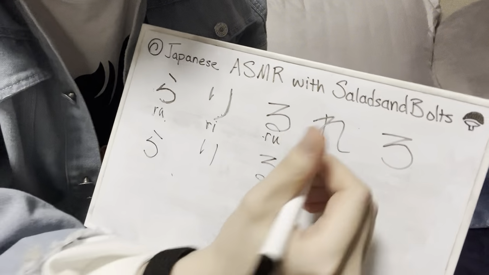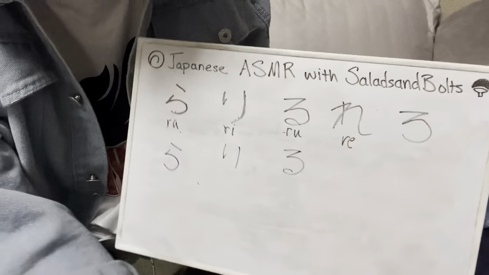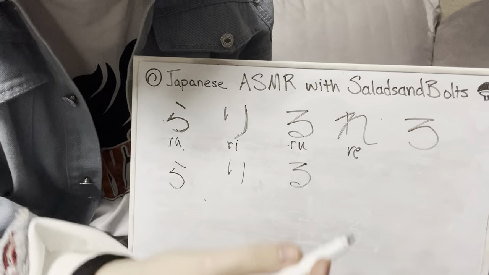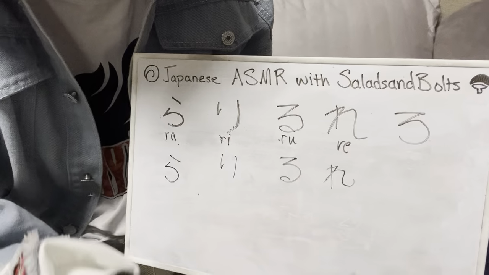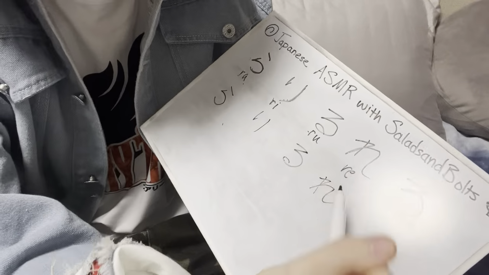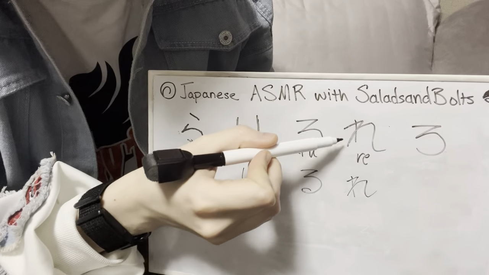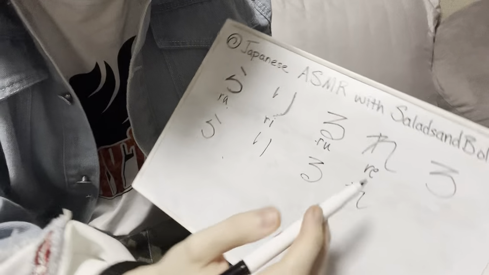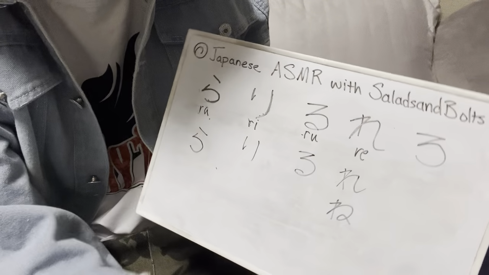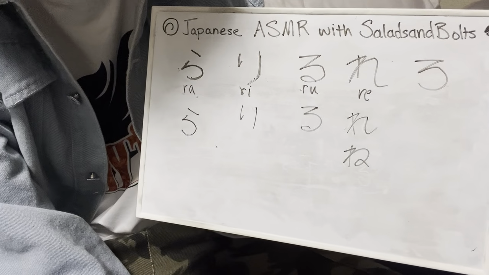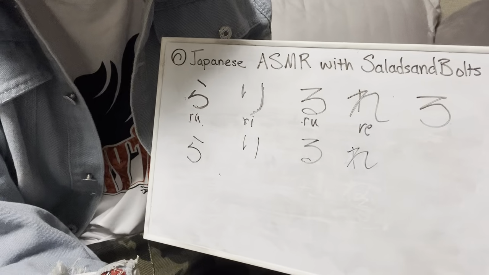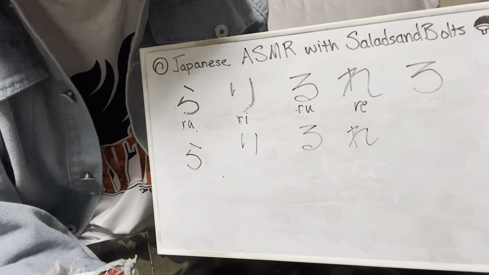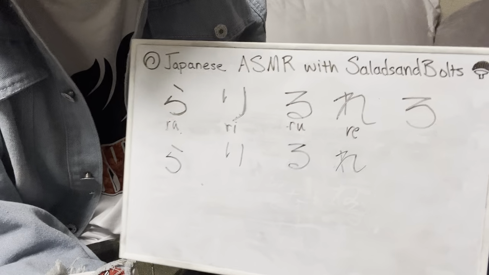Then re. This one might be a little harder to draw, but basically it's a stick, and then you have the complicated squiggle. It goes 1, 2, and it's the same complicated squiggle as ne. So if you remember how to write ne, then re shouldn't be too hard to remember.